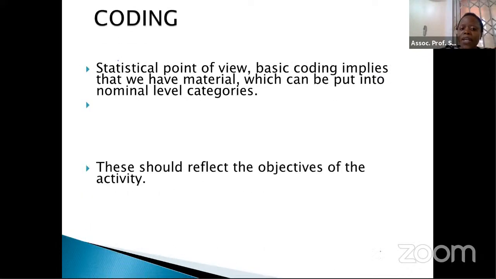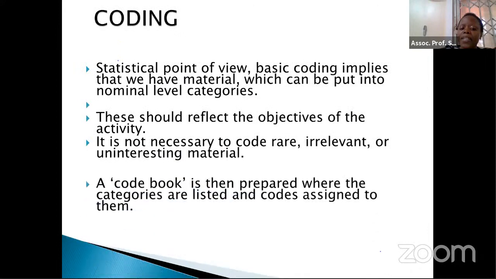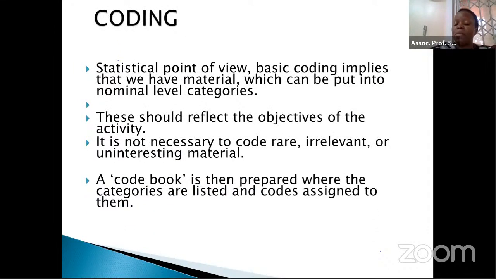So, unlike in an experimental setting where we already have our predefined treatments and blocks, etc., in the survey, we need to do what they call coding. I'm going to talk about it because I thought probably there are some people who are going to do surveys and may need this information.